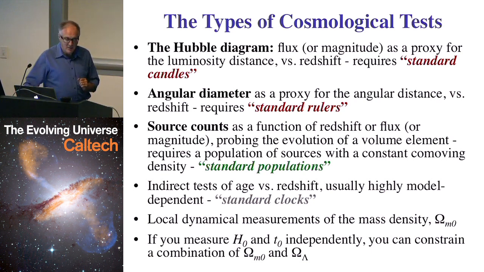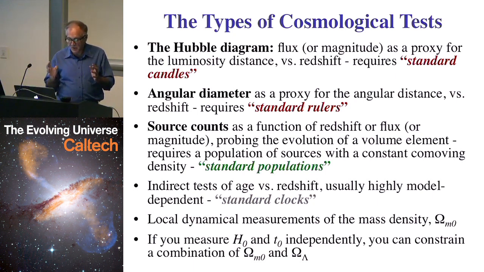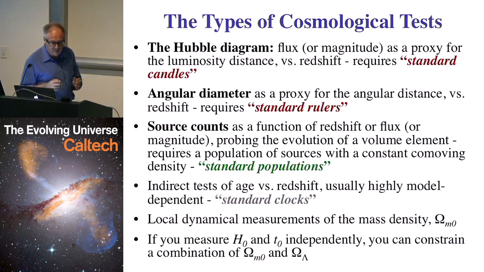The angular diameter test requires you to know the absolute size of something on the sky. Source counts are possible because that measures the volume, but you need a tracer population that you can observe, and you have to be assured that they're not changing in number density, and there is no such thing.